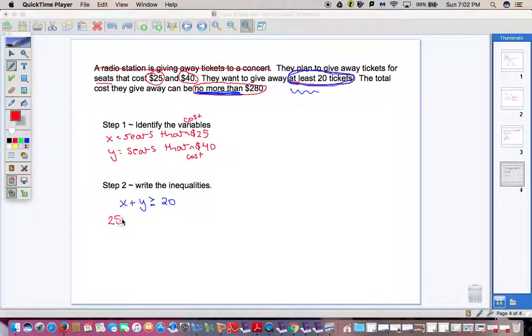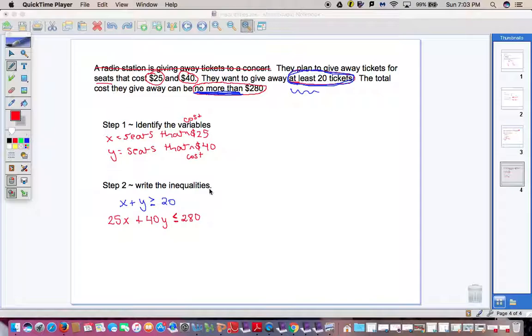So we have 25 times X, the number of X tickets, plus 40 times Y. And that can be no more than $280. So that has to be less than or equal to 280.